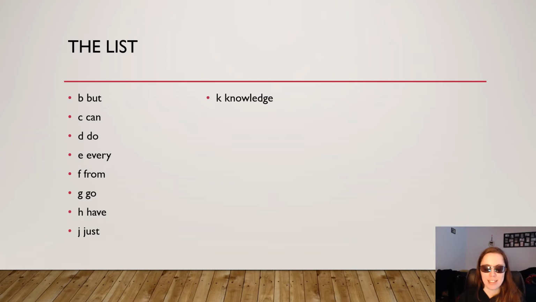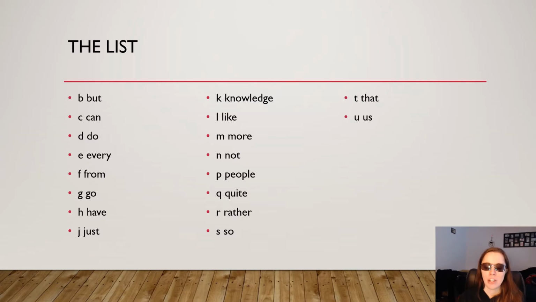J means just, K for knowledge, L for like, M more, N not, P people, Q quite, R rather, S so, T that, U us, V very, W will, X for it, Y for you, Z as.